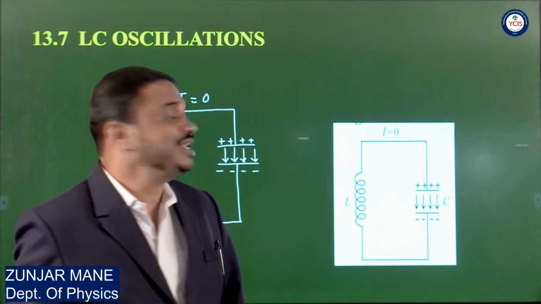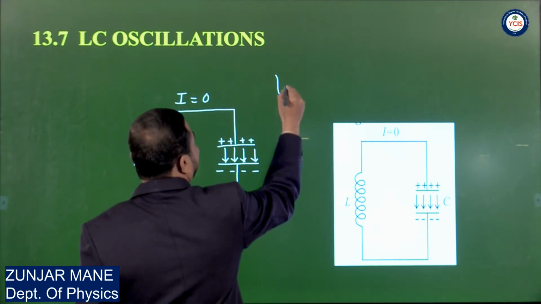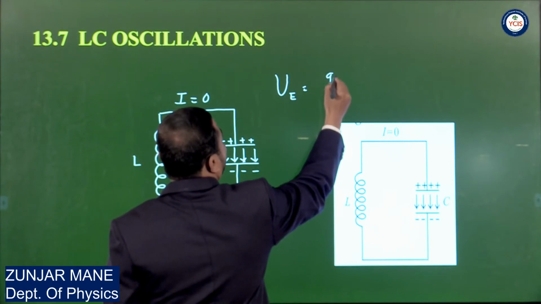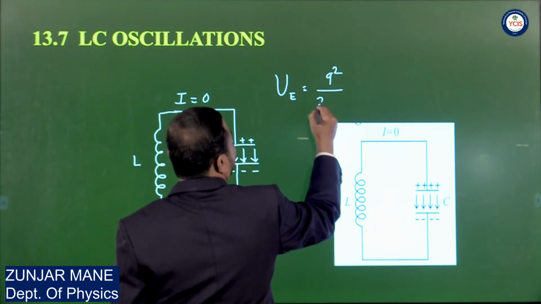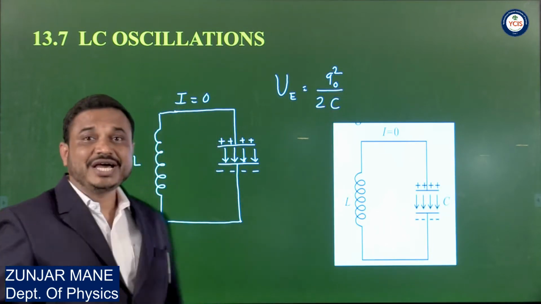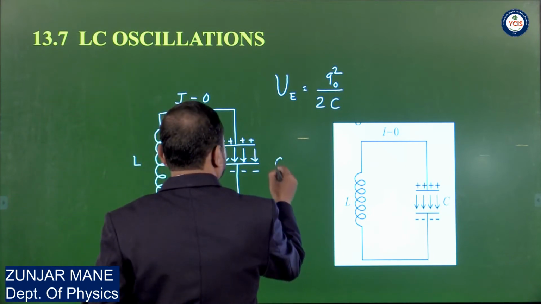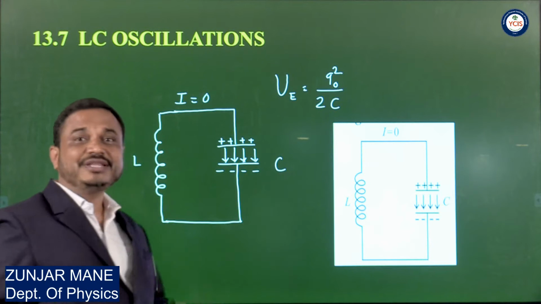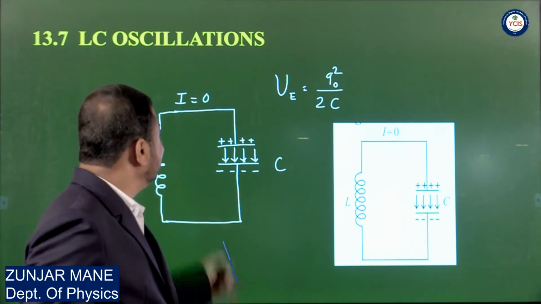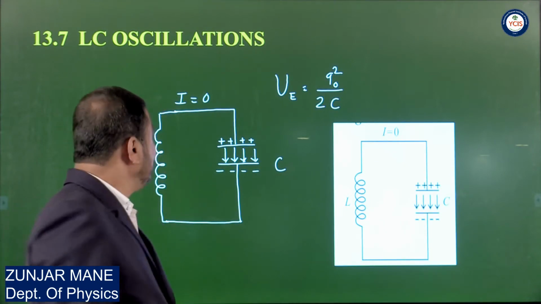The electrostatic potential energy of the capacitor is given by U_E equal to Q squared divided by 2C. When the capacitor is fully charged, suppose Q0 is the charge stored in the capacitor of capacity C, the maximum charge. Then the energy stored in the capacitor is U_E equal to Q0 squared divided by 2C.